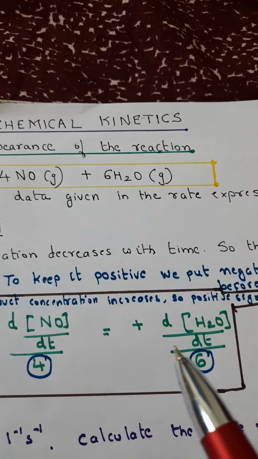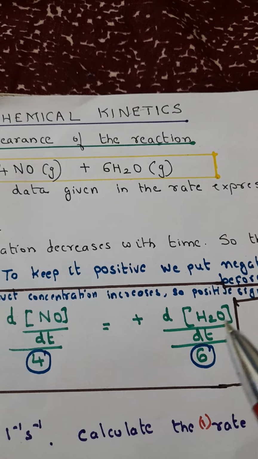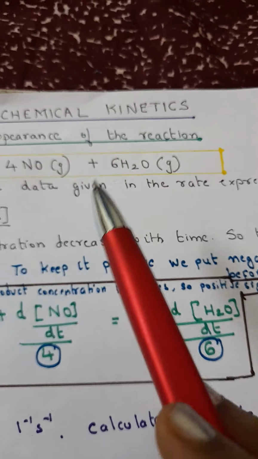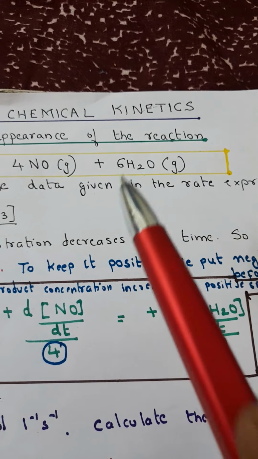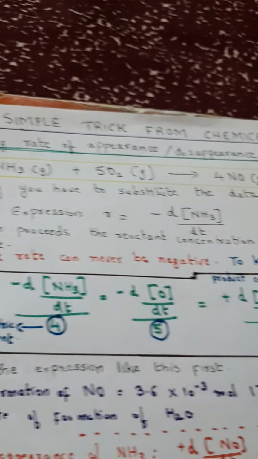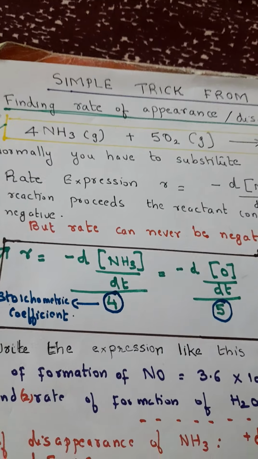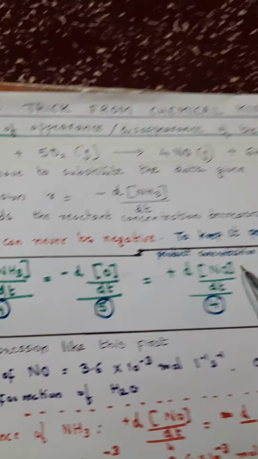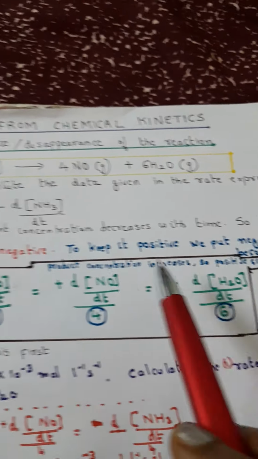For the last term, it is d[H2O] divided by dt, the whole divided by 6, the stoichiometric coefficient. Once you get this, it is very easy to solve a sum. Writing the rate expression like this is the first step.